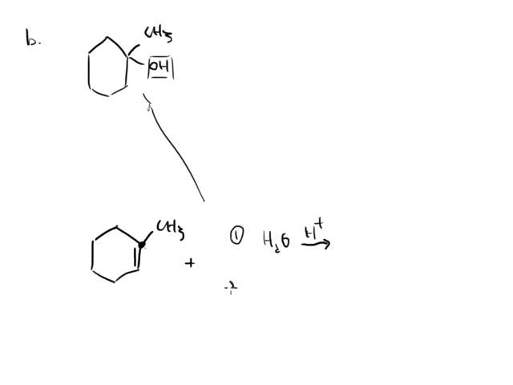Now, number 2, there is a second way. That second way is going to use a little bit of mercury and water, right? That was the last set of reactions that we talked about. No big deal. It gives you the same stuff. HgOAc2 and a little bit of water here, and maybe some THF.